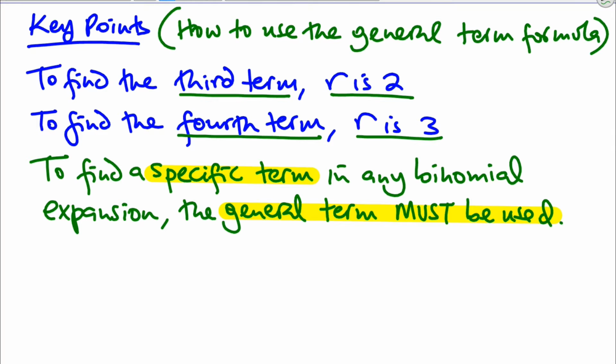To find the fourth term, r is 3. So to find a specific term in any binomial expansion, the general term must be used. I'll show you in the next examples how to use the general term formula.